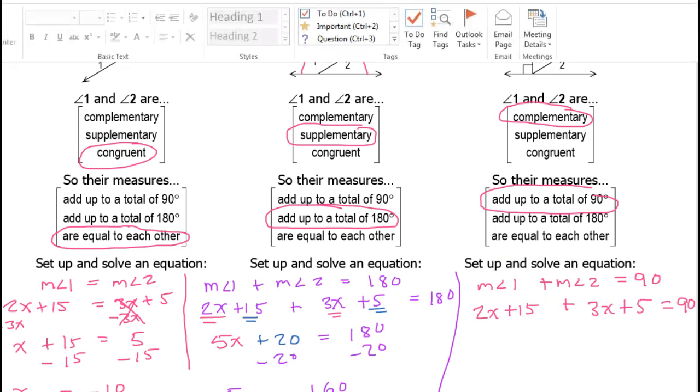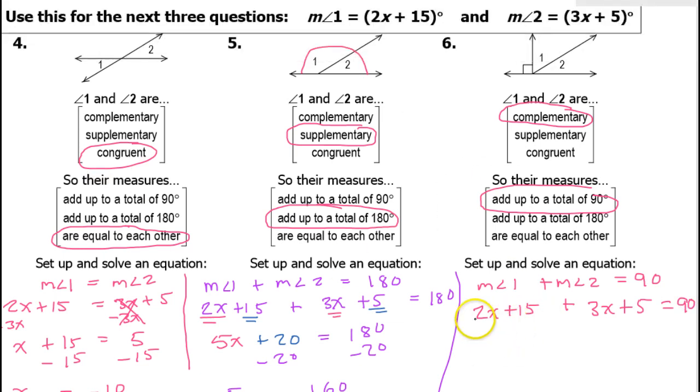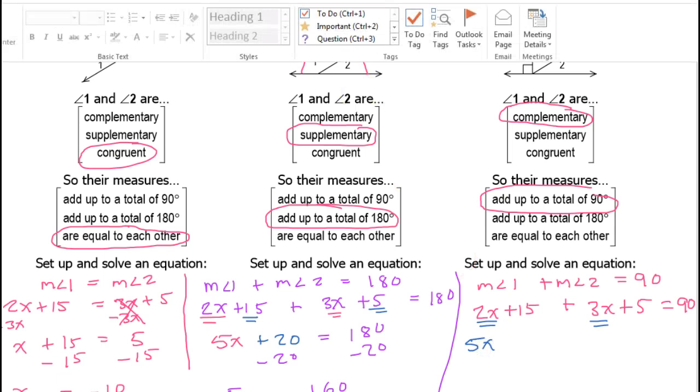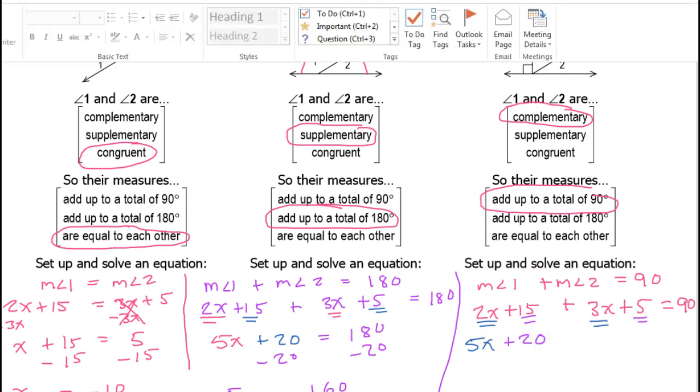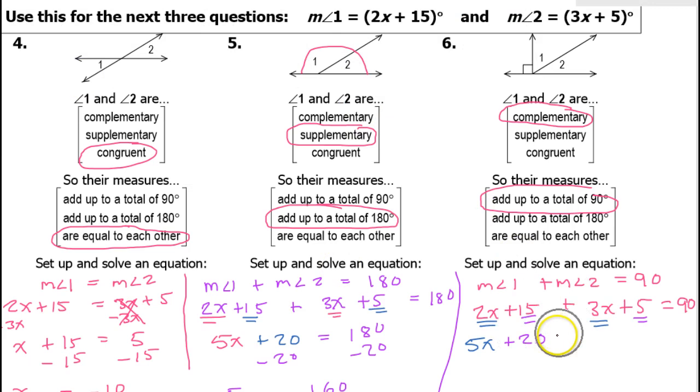Time to combine like terms. 2x and 3x is 5x, and 15 and 5 is 20. And that's going to equal 90.